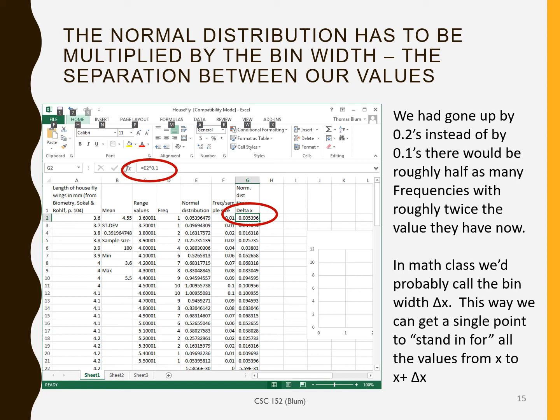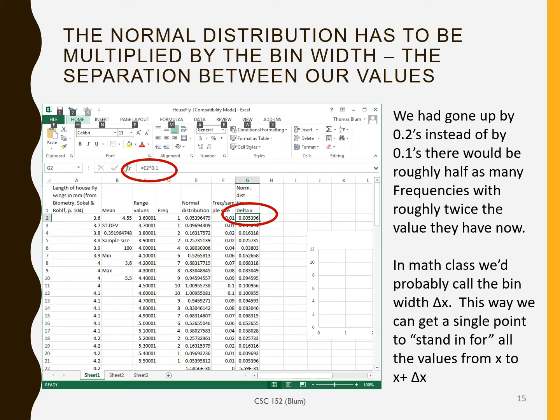There were about 20 different frequencies here, and the largest value was 10 there in the middle. And we had a bin width of 0.1. What if we had chosen a bin width of 0.2? Then there would have been half as many frequencies, but we would expect those frequencies to be twice the value.